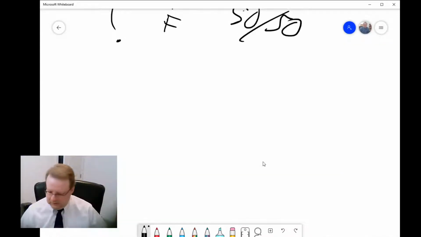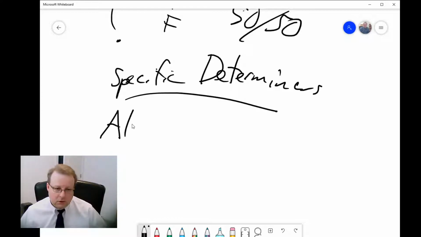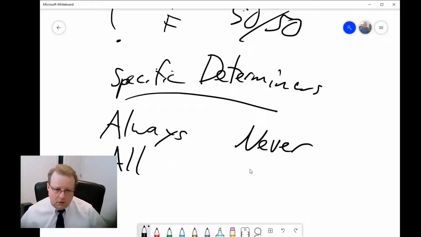One of the key things to look for are a set of words called specific determiners. So, what are specific determiners? These are words like always, never, all, none.